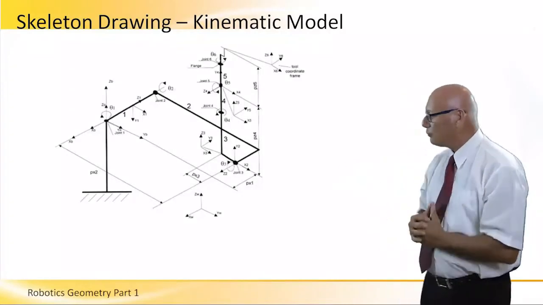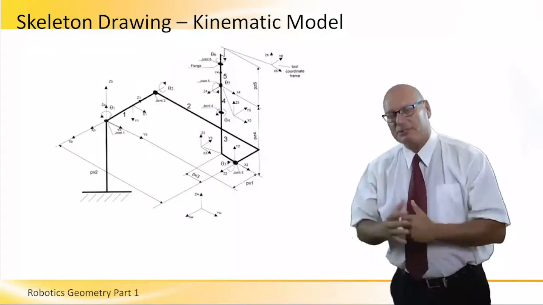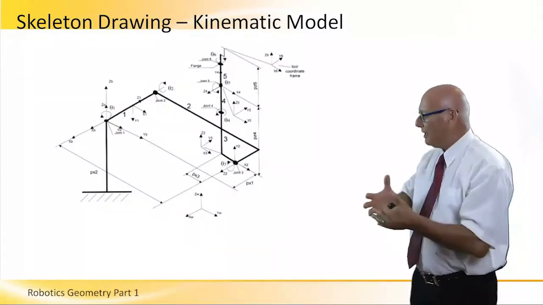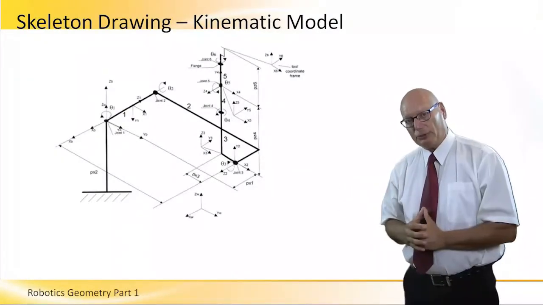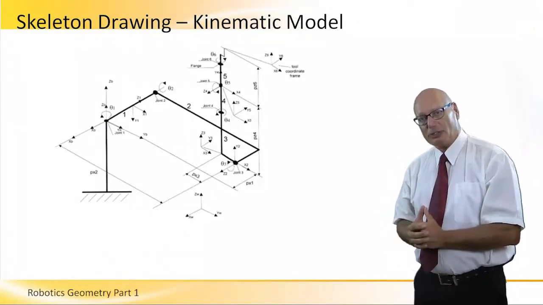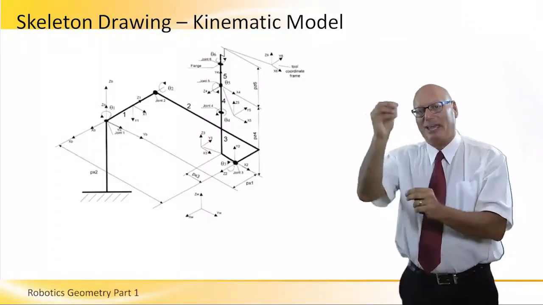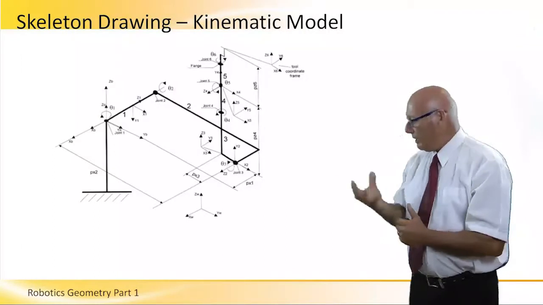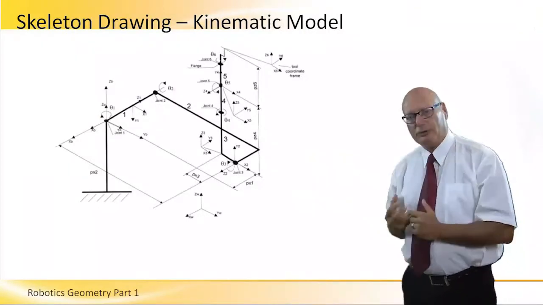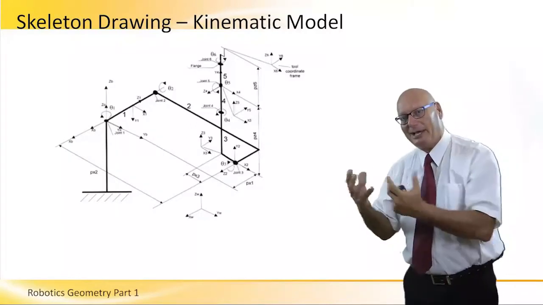The skeleton of a robot is basically a line presentation of the mechanical structure of the robot, in such a way that we will know the length of each section, and which axes operate on the joint at the end of the link. And when we look at this, we actually see a robot. It's only in a line presentation.